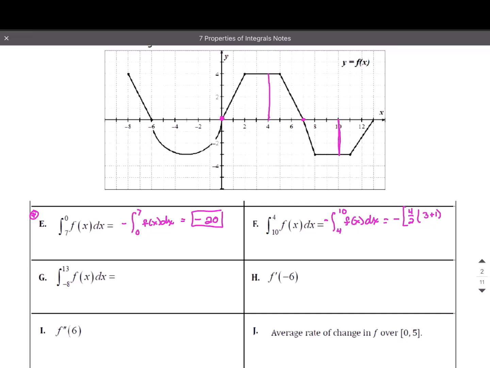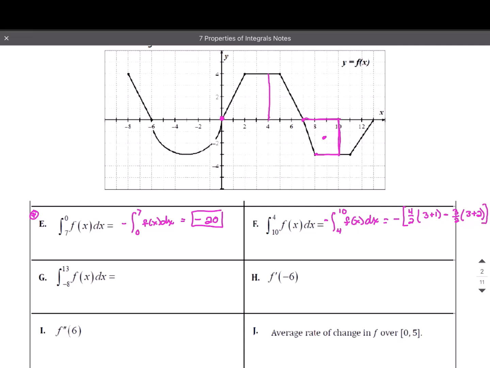Now the bottom trapezoid down here, it's below the x-axis, so I have to negate this. And it's 1/2 times the height is 3, so that's 3/2 times. This base here is 3, plus this base here is 2.